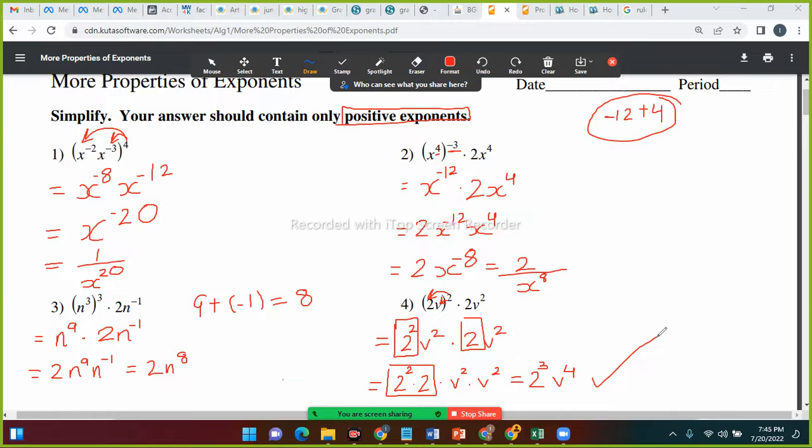It's not, oh, by the way, we can still simplify this, because 2 to the third power is 8, so that's 8v to the 4th. And so once we are familiar with it, we are able to do it more easily.